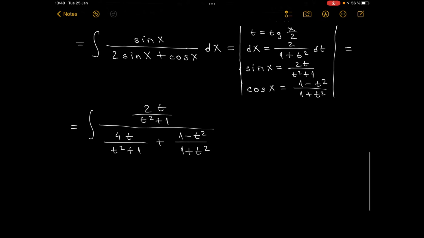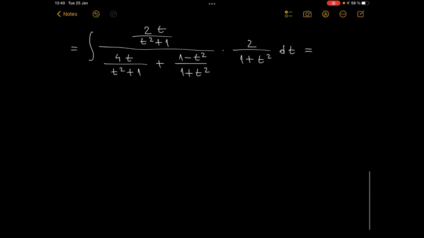And of course, let's not forget the dx, which is simply going to be 2 over 1 plus t squared dt. Okay, now we're going to rearrange this in such a manner that it will be a bit less of a nuisance. So we can add these two parts in our denominator.